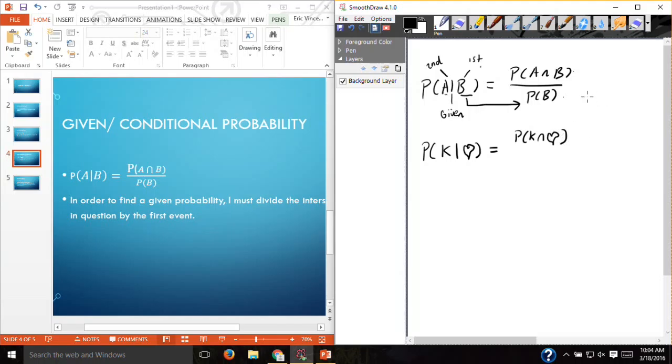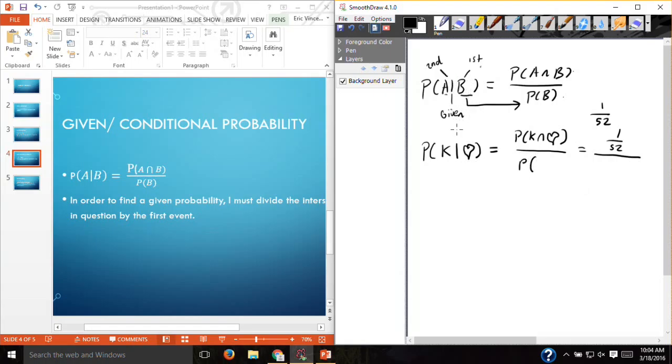Well, there's only one card in an entire deck of 52. That's the king of hearts. So, this part on top will be 1 over 52 divided by the probability of the first event.